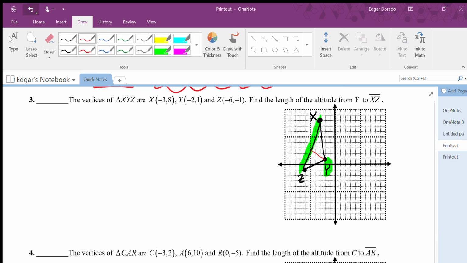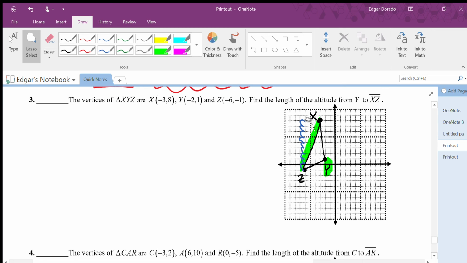Okay, let's go ahead and do this now. First off, what do I need? I need to know what the slope of this line is so I can find something that's perpendicular. Let's find that slope. That would be up 1, 2, 3, 4, 5, 6, 7, 8, 9.